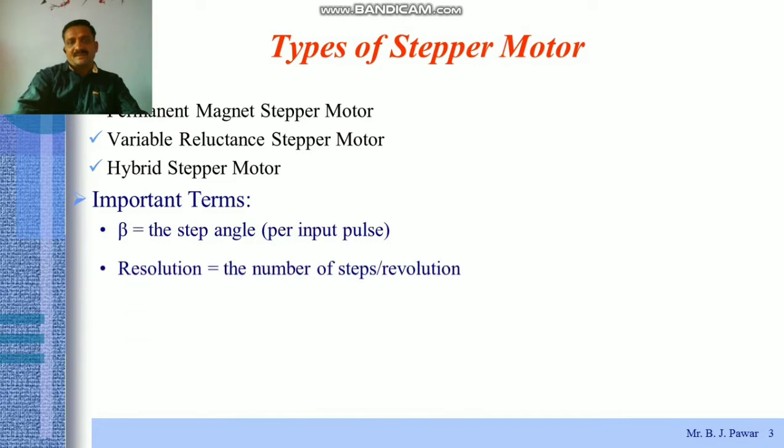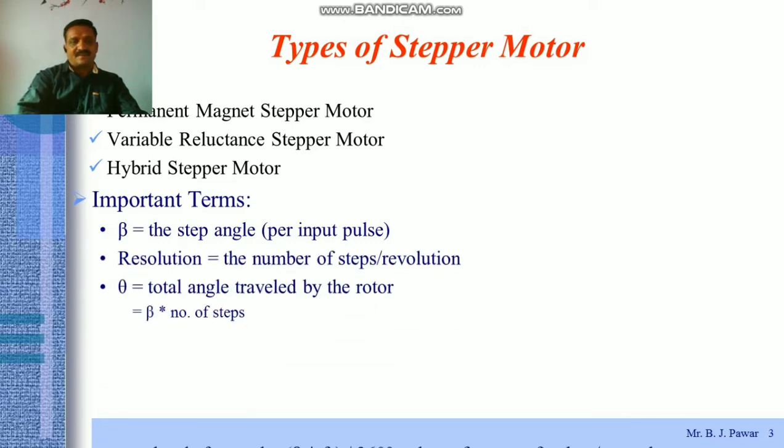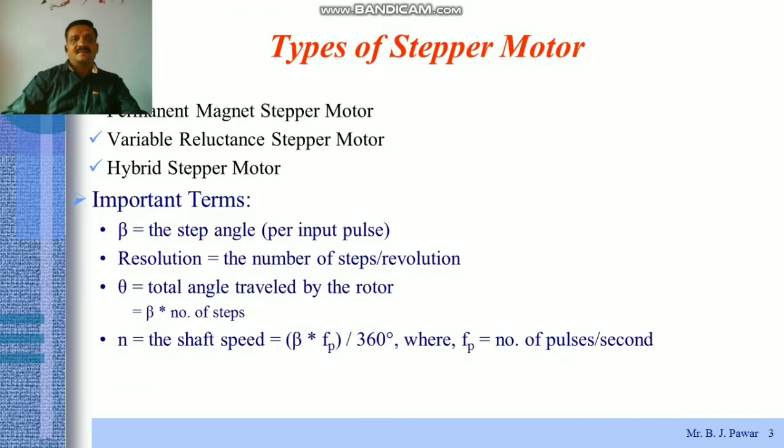A few important terms you have to remember here, applicable to all three types of stepper motors. First one is beta. It is the step angle per input pulse, by how much step angle the rotor rotates. Then the resolution, that is the number of steps per revolution. Next one is theta, the total angle traveled by the rotor, which can be calculated as beta into number of steps.